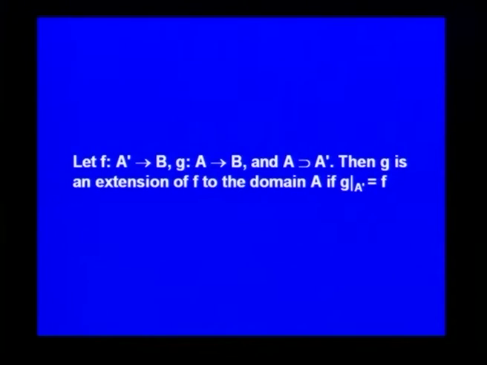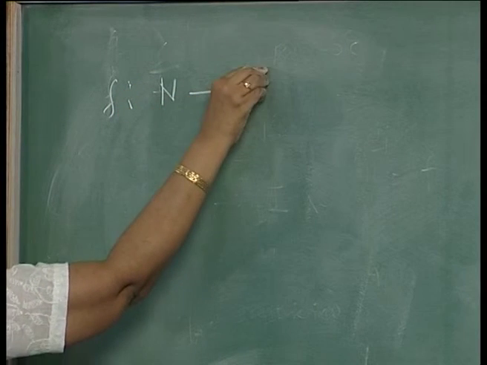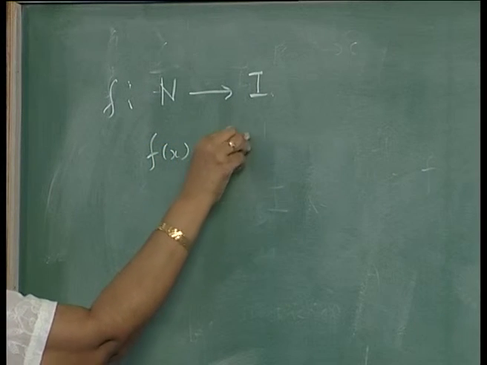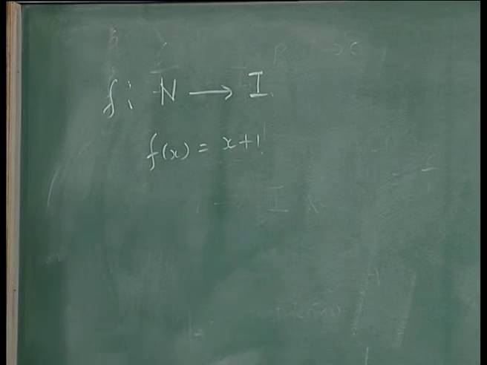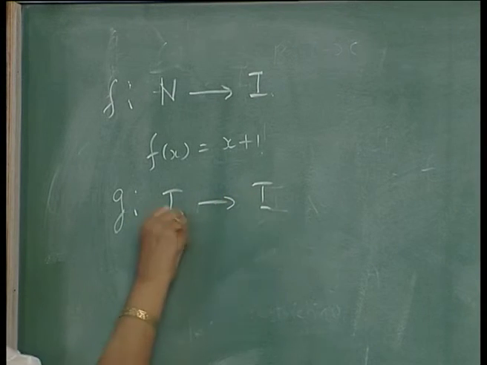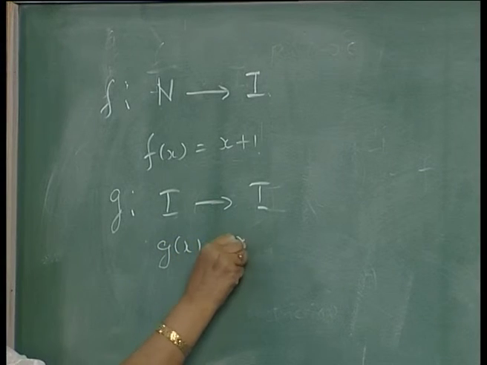For example, you consider this. F is a function, say in this example, non-negative integers to I, that is f of x is equal to x plus 1 or whatever it is, x plus 2 or something. Then G you define the same function, but the domain is a bigger domain. Again you define G of x the same way.